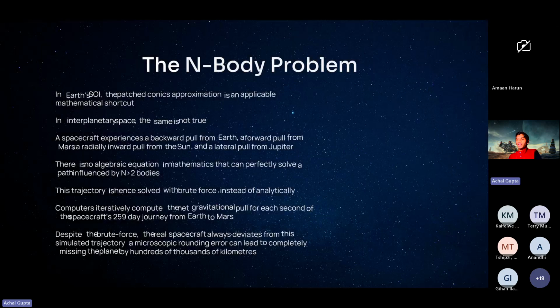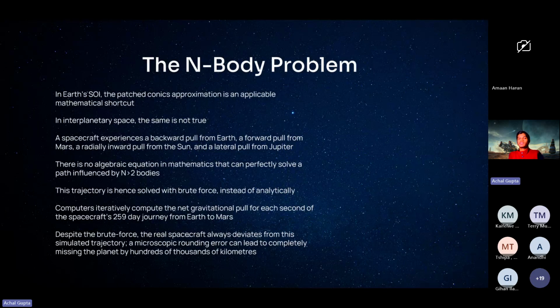Now, in interplanetary space, the three-body problem worsens to the n-body problem. The three-body problem was solved using the patched conics approximation because we just ignored one body and looked at the other. But when you're in the middle of nowhere in interplanetary space, Earth is a small dot in one direction, Venus is a small dot in the other, Mars is a dot in that direction, Jupiter in that direction, and the sun is visible.